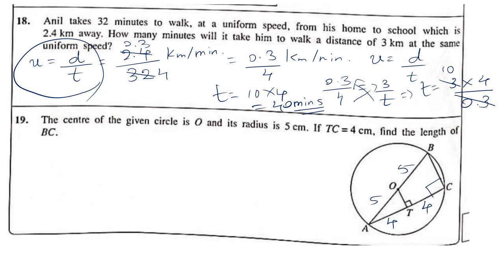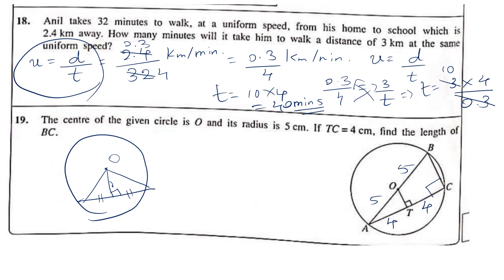So you have to find BC, because you know if there's a chord like this, the perpendicular to the center divides the chord equally, right? This bisects the chord.